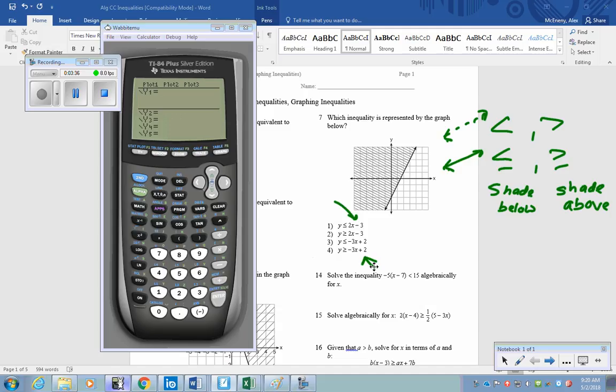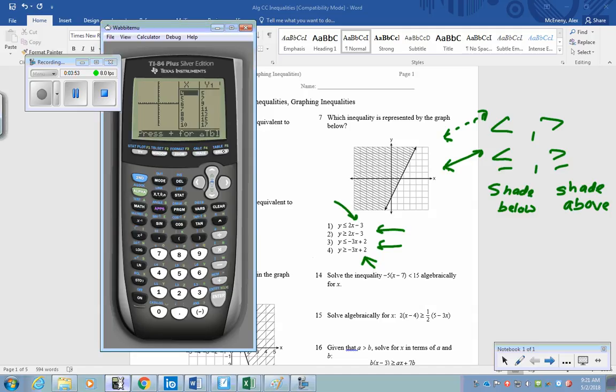So 7 doesn't really distinguish between less than or equal to, but in this case you'd want to check 2x minus 3. I'm going to type in 2x minus 3 in the calculator and hit second, graph. I'm going to focus on some of the points, like the point 0, negative 3.